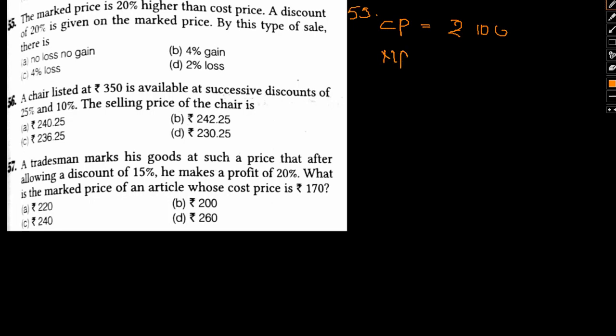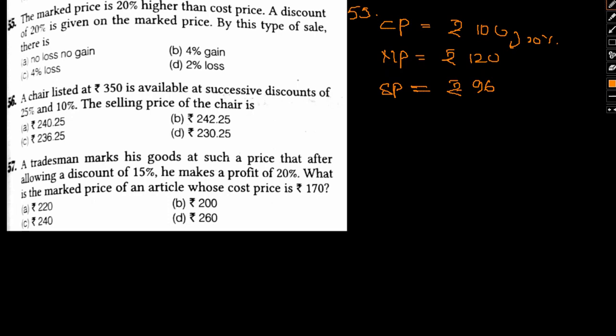That is, mark price will be 120 because it is 20% more. Again, a discount of 20% is given, therefore selling price will be 80% of mark price, that is 0.8 into 120, so 96. Okay, so 96 is given.